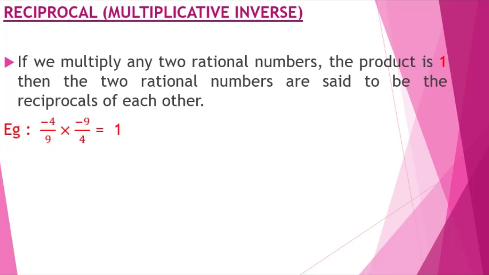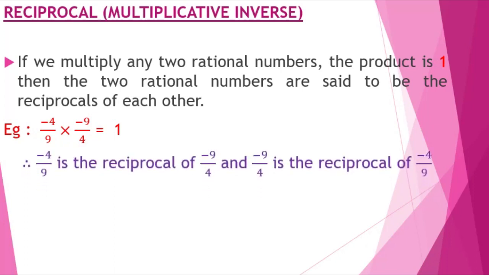Minus 4 upon 9 multiplied by minus 9 upon 4 equals 1. So, minus 4 upon 9 is the reciprocal of minus 9 upon 4 and minus 9 upon 4 is the reciprocal of minus 4 upon 9.